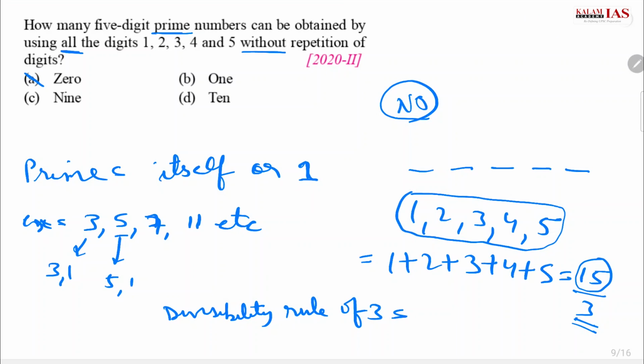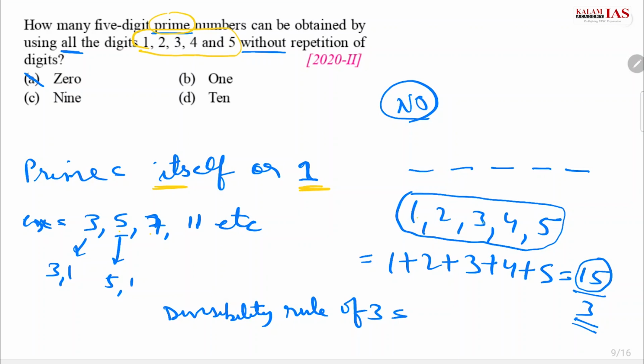Again, it requires logic. There is no point of applying the formulas blindly, because the question does not require it at all. We have to form a 5-digit prime number. Now a prime number, as we saw, is divisible by itself or 1. For example, 3, 5, 7, 11, etc. We have to use all the digits from 1 to 5 without repetition to form a 5-digit prime number.